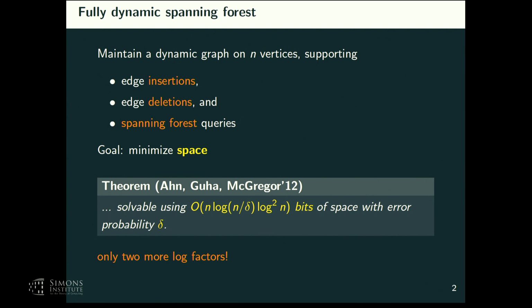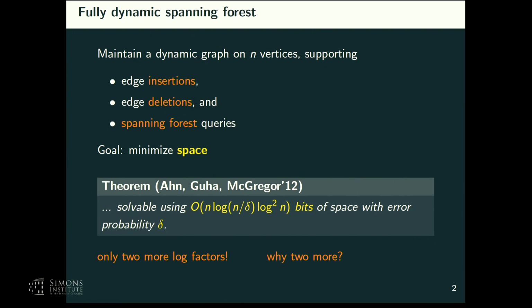One natural question to ask is, why are we using two more log factors? Is it necessary? Can we improve the bound? For example, if you look at this space bound, for constant error probability and for error probability 1 over polylog n, you get the same bound. In both cases, you get n times log³ n bits.